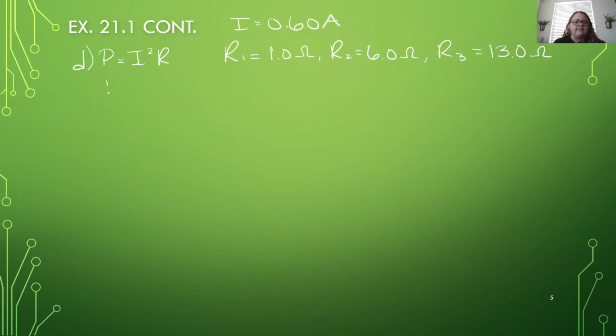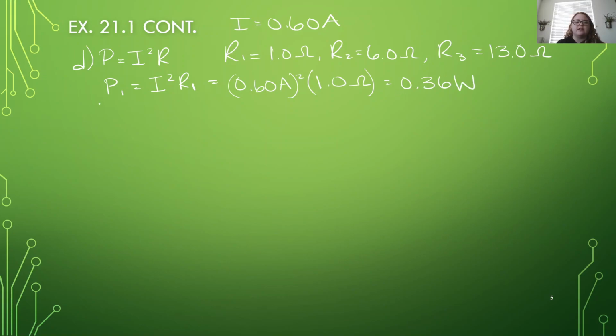So we will have 3 different values. Let's do the first one. The power dissipated at the first resistor is going to be I squared times R1. So it'll be 0.60 amps squared times 1.0 ohms. So 0.6 times 0.6 times 1 is going to be 0.36, and power is in watts.